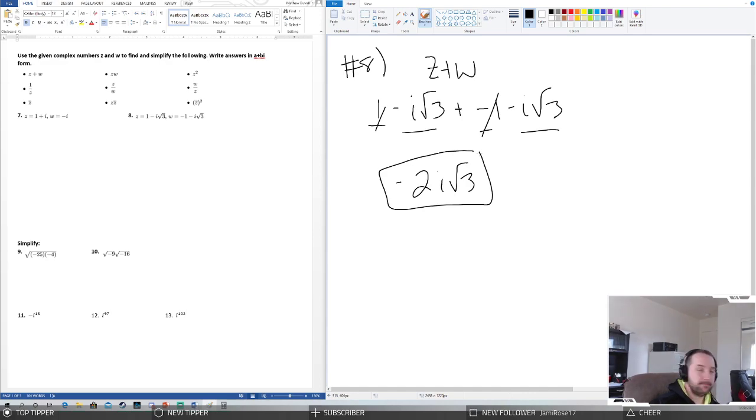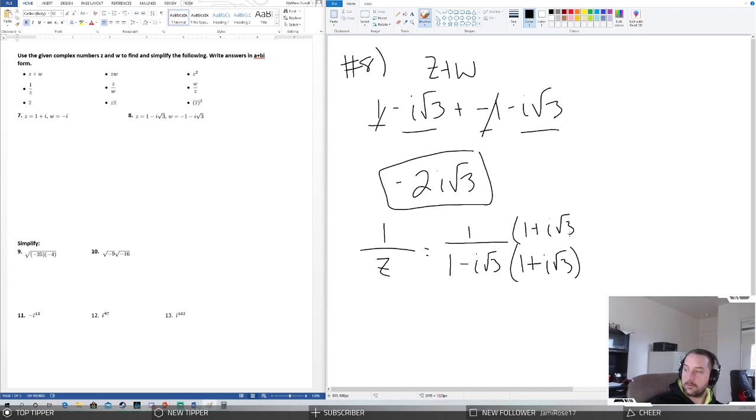It's all the same. If I had 1 over z, that's going to give me 1 over 1 minus i root 3. So for us to be able to reduce that, we'd have to multiply by the conjugate, 1 plus i root 3, and you multiply that top and bottom.